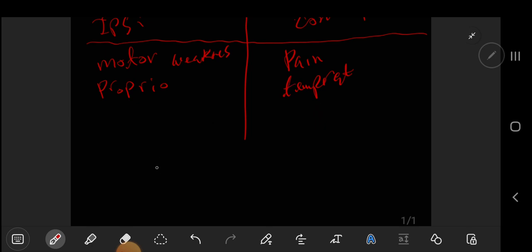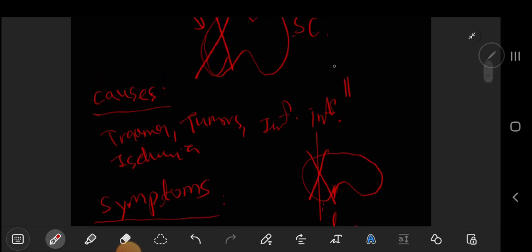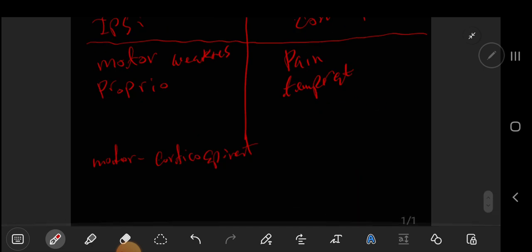And why is it? Now, the motor component comes from which tracts? So motor comes from the corticospinal tract. Now, the corticospinal tract only crosses over in the brainstem. Therefore, they are going up, and only when you are getting into the brainstem, if I can even show you here, I have the spinal cord.